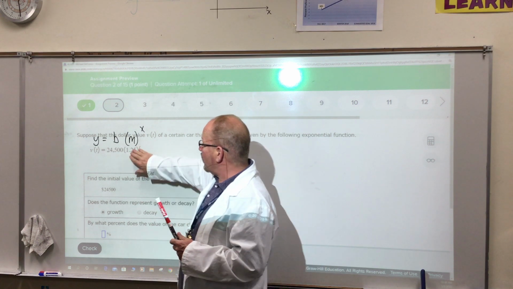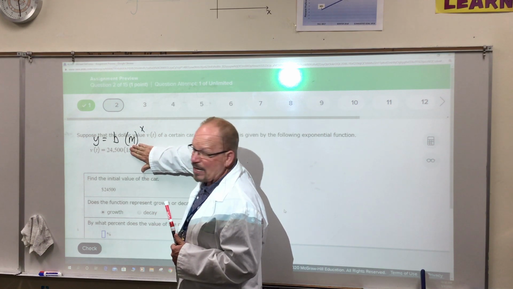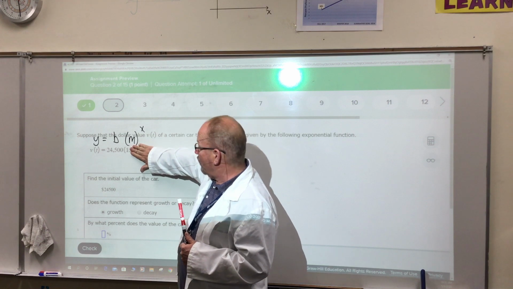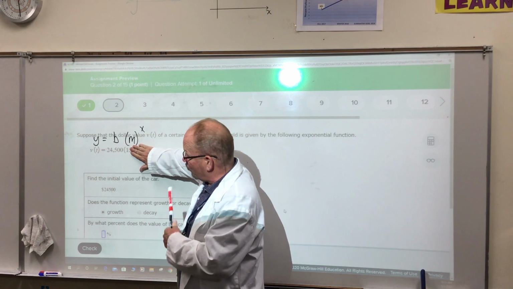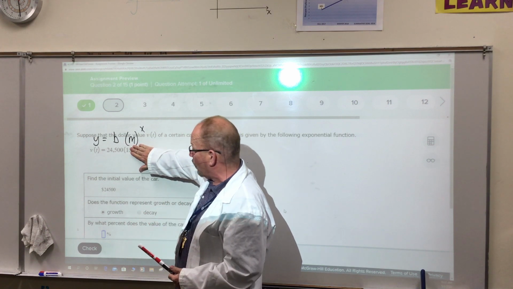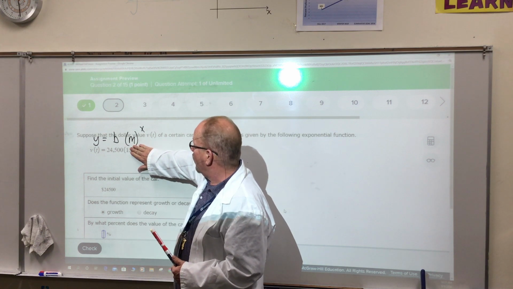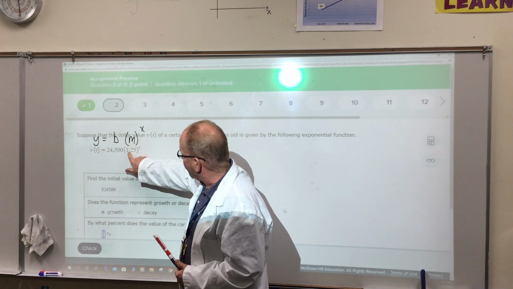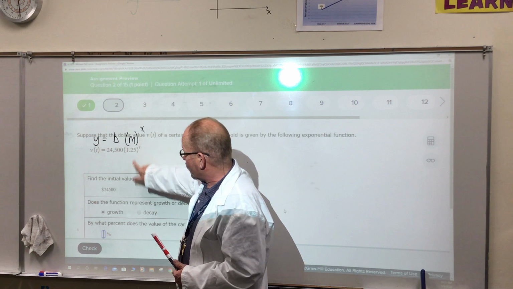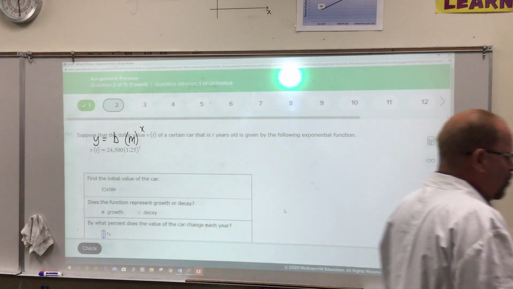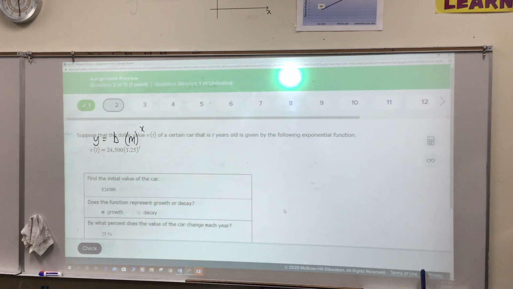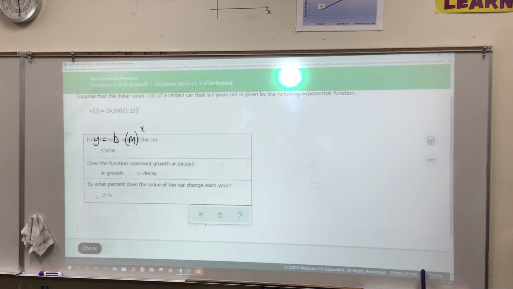Timesing by 1, it would stay the same. 1 times anything is just the same as it was before you times by 1. What it's changing by is that 0.25. So I'm going to put 25% because it has a percent sign, and so it doesn't want it in decimal form, it wants it as a percent.